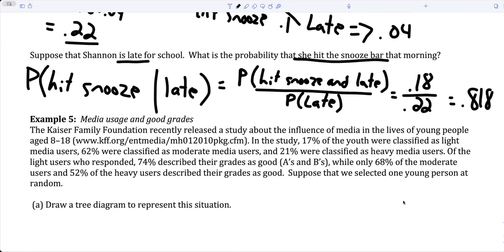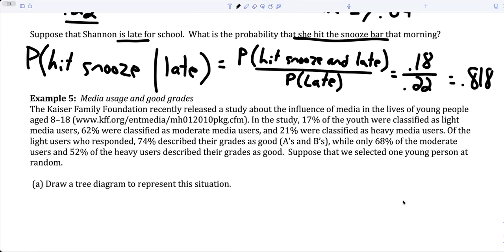The Kaiser Family Foundation recently released a study about the influence of media in the lives of young people. In the study, 17% of the youth were classified as light media users, 62% as moderate media users, and 21% as heavy media users.